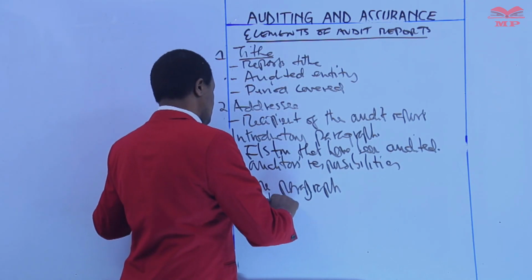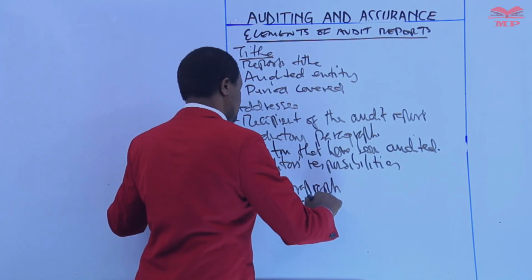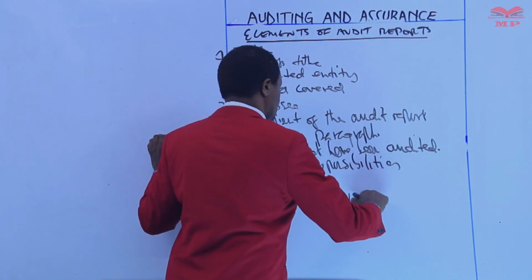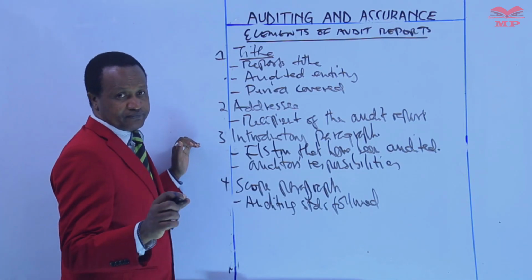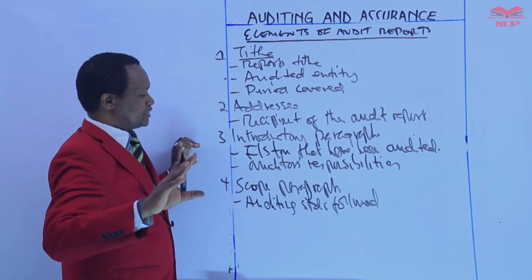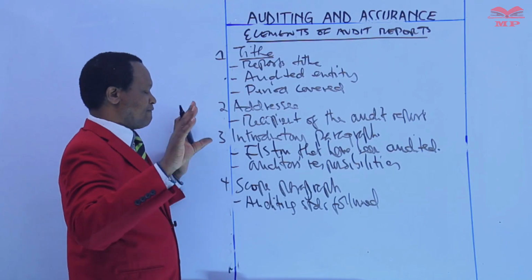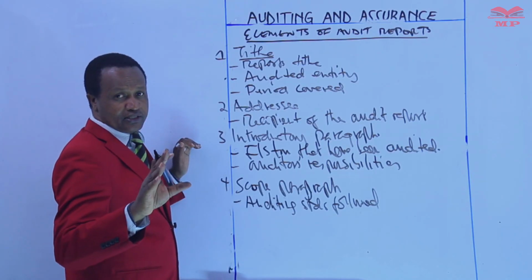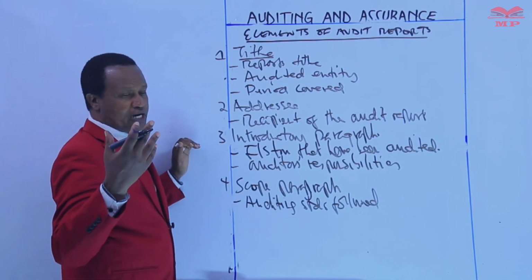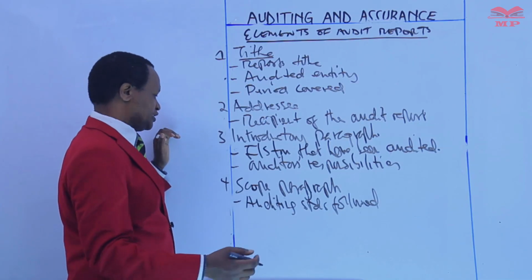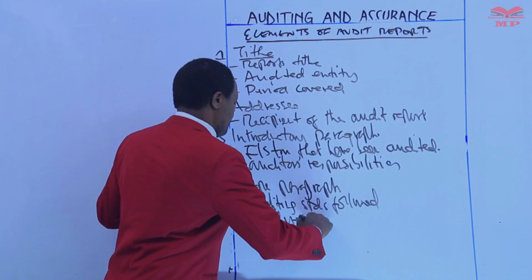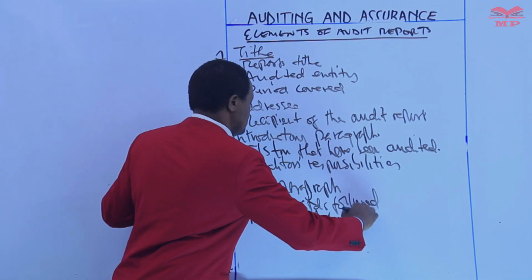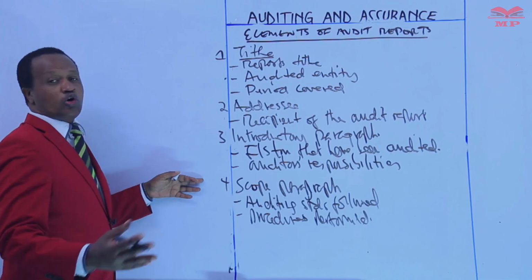It has to indicate what standards the auditor applied or used in the process of auditing, and the procedures performed. That is the scope paragraph.